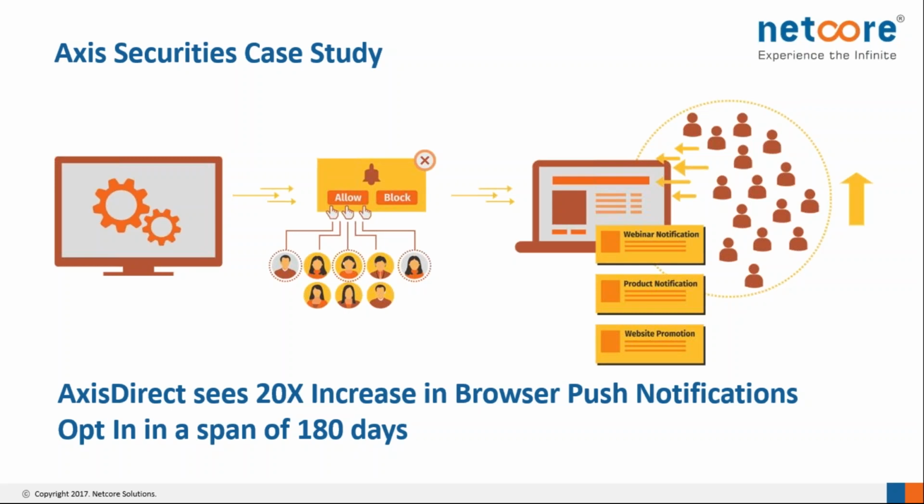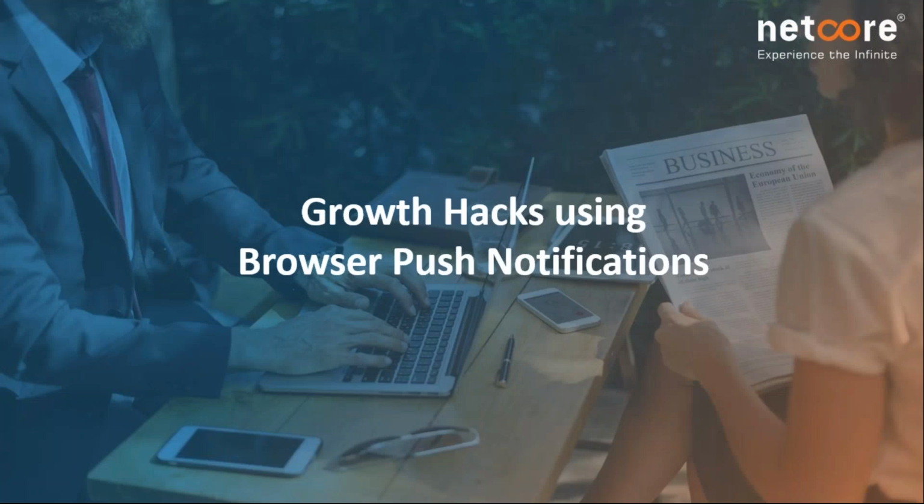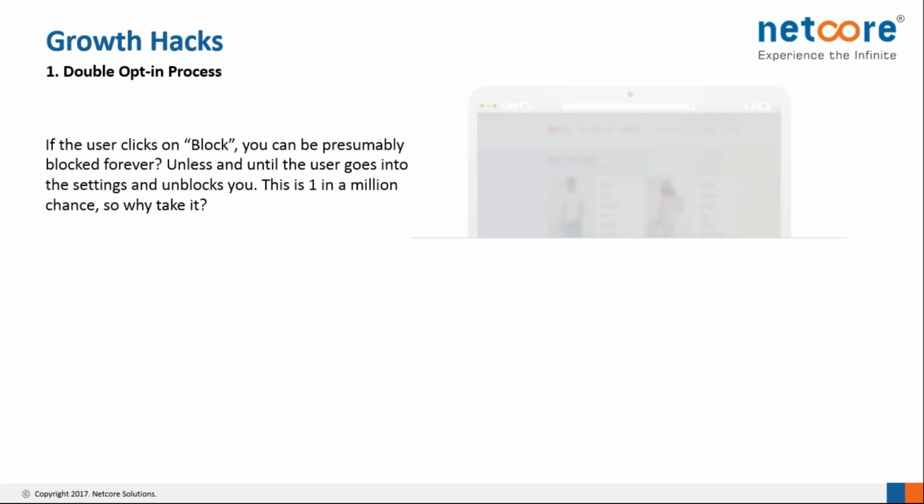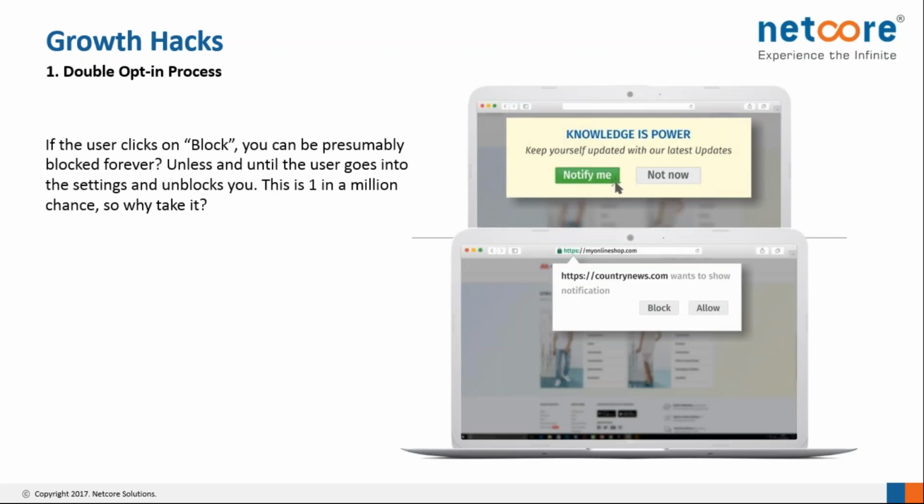Okay, great, thanks. So we move on to the growth hacking section. These are some basic growth hacks we will be talking about. I've listed around 4 growth hacks for browser push notifications. The first is a very simple one: the double opt-in process. Think about it this way.